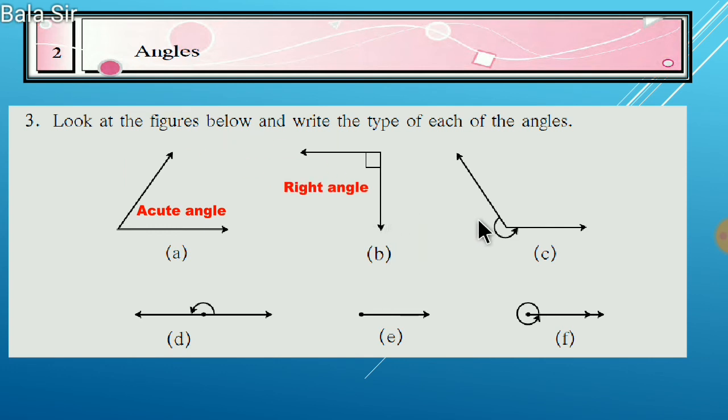What type of angle is this? Reflex angle. What type of angle is this? Straight angle. What type of angle is this? This is a zero angle. And here you can see a complete round. So this is a complete angle.